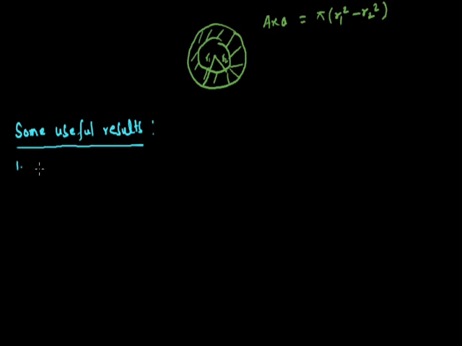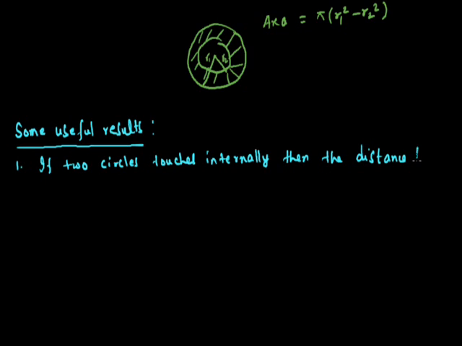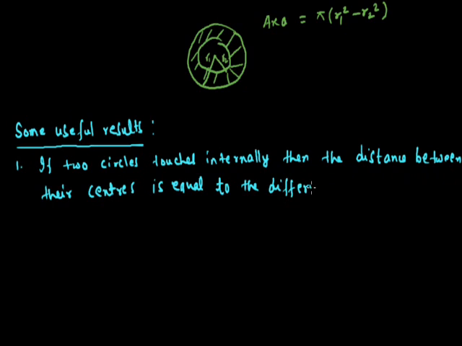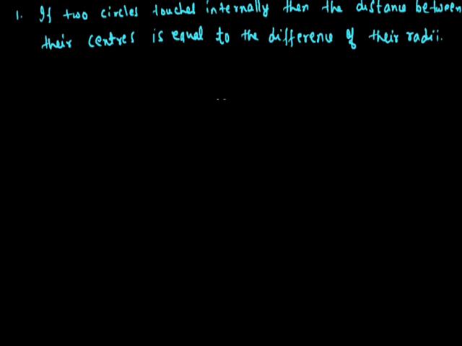First result: if two circles touch internally, then the distance between their centers is equal to the difference of their radii. Now suppose this is the first circle and the second circle touches internally.